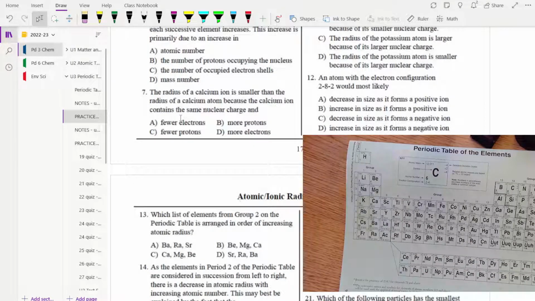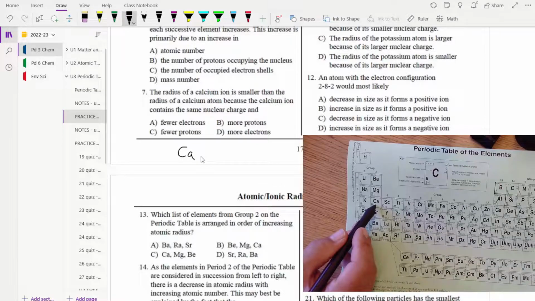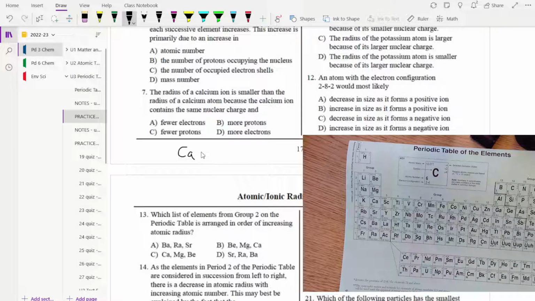All right, number 7: the radius of a calcium ion is smaller than the radius of the calcium atom because the calcium ion contains the same nuclear charge and what? Well, we have to understand what happens with calcium. Calcium is in group 2, and you see its oxidation state is +2. It goes from elemental calcium to calcium ion, +2, and that must mean it lost 2 electrons.